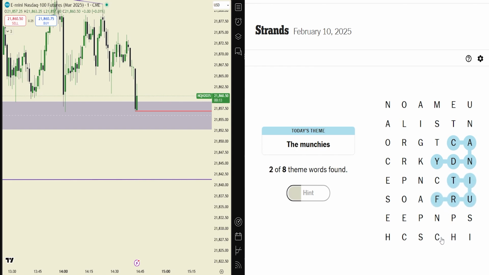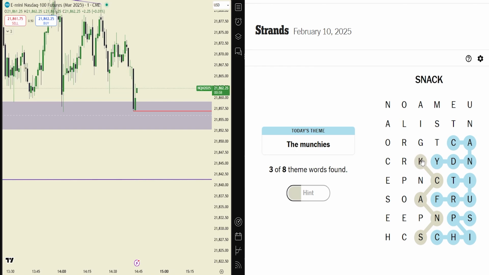Do you guys see this one? Down here. Starts with a C. Yep. I think this is the... Snack. What's the ending bit of it? Snack time?